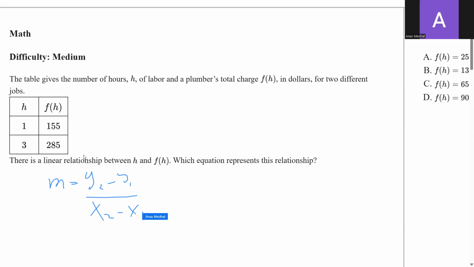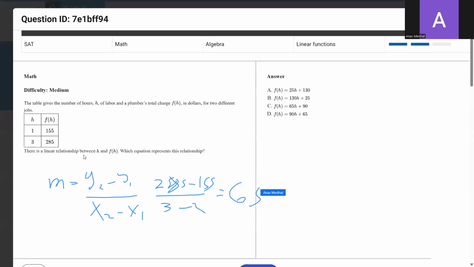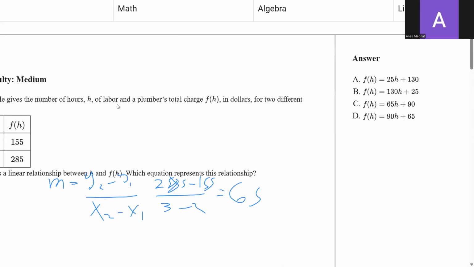So it will be 285 minus 155 over 4 minus 2. This will give us 65. So the 65 is the relationship between them.